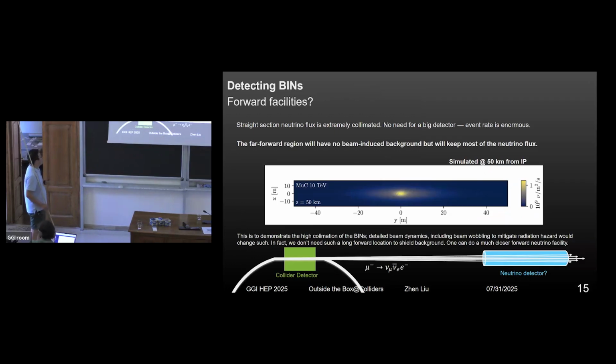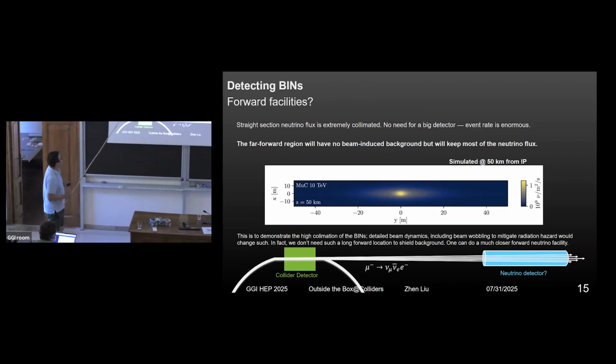Before I talk about the neutrino slice, let me mention some other ideas that have been mentioned in this program. Just like we have the forward facility, you can also imagine, because we need some straight section before the collision point to focus the muon beam, there will be a forward muon flux and a neutrino flux, so I could build a neutrino detector in some far forward location.